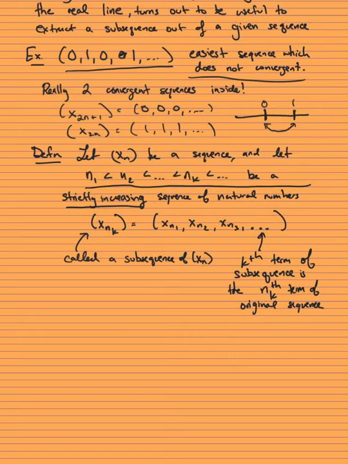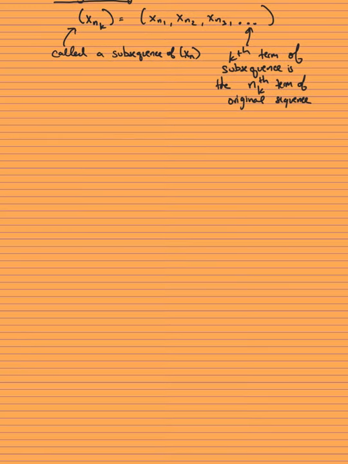Okay? So let me do one example. If x_n is 1 over n, so I get 1, a half, a third, and so on. Of course, I can look at a subsequence that looks like a half, a fourth, a sixth, and so on. This is just 1 over 2k.